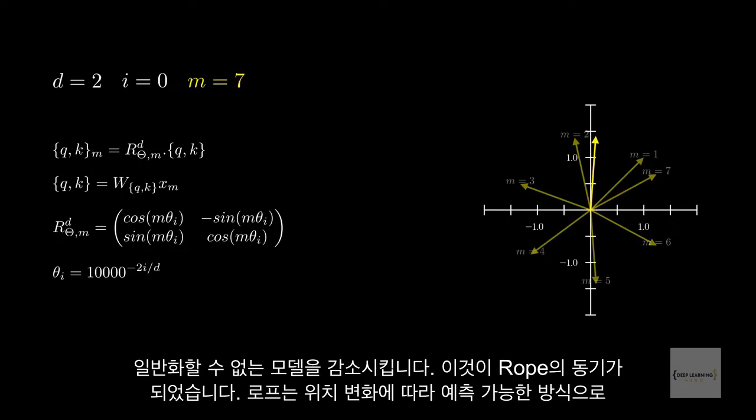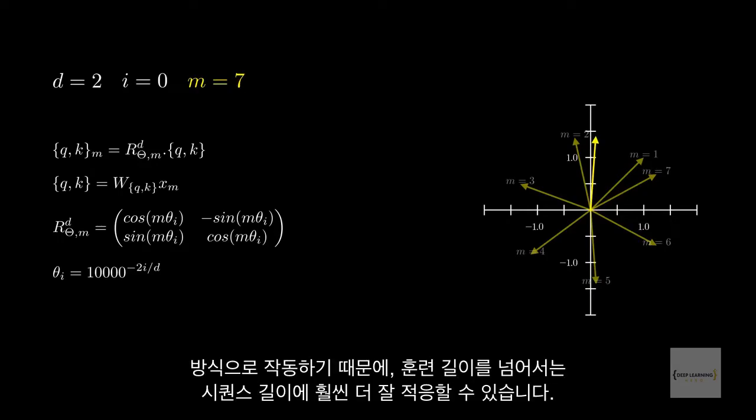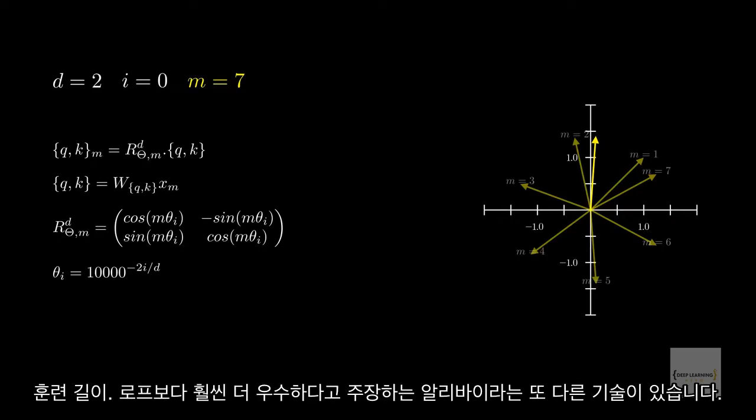Due to RoPE behaving in a predictable manner as the position changes, it's able to adapt much better to sequence lengths beyond training length. There's another technique called ALiBi, which claims to be even more superior than RoPE. But right now, RoPE is the most commoditized positional embedding for LLMs.